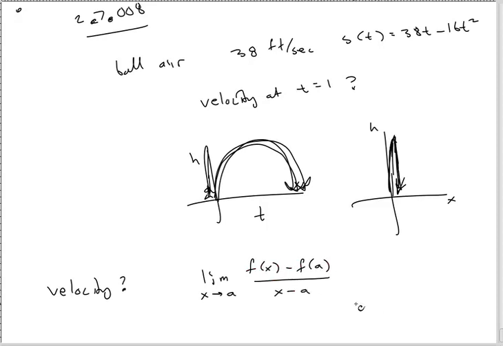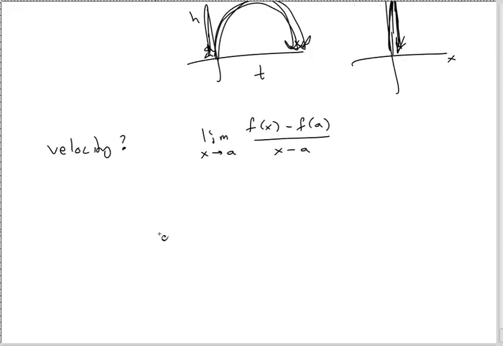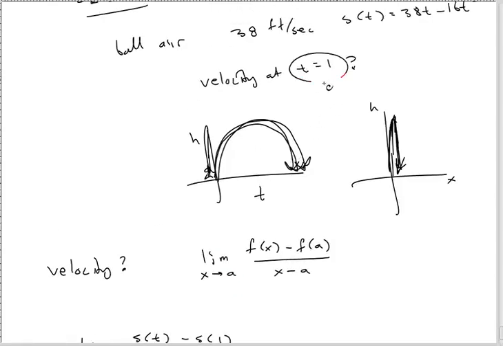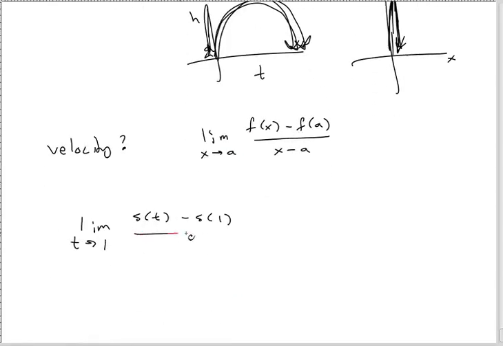Now, I don't like the letter a at all, but I'm going to be using it because that's what the book is trying to push on you, and I guess eventually I have to succumb to peer pressure. So, the limit as t goes to 1 of s of t minus s of 1, and that 1 comes from right here. It's a fixed number, divided by t minus 1.